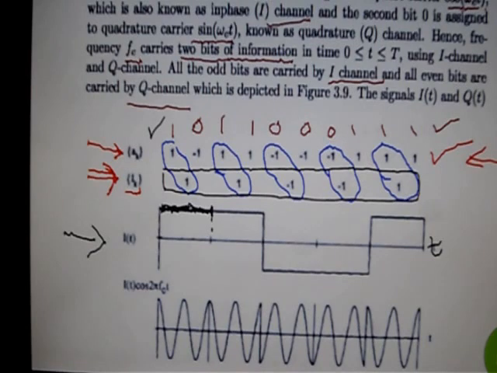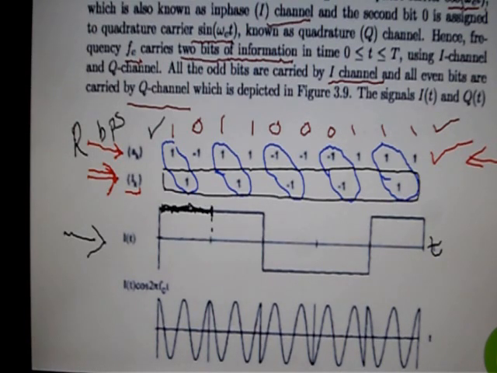Now suppose the source is generating at r bits per second, r bps, this is how the source generates your data.